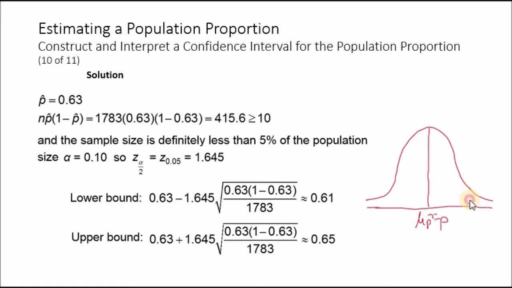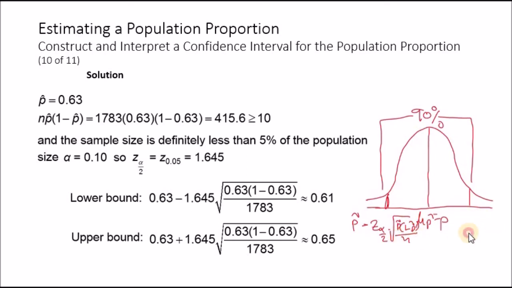And I want an interval that is 90%. So I want to be 90% confident. My interval has to be 90%. Now I would like to find the lower bound and the upper bound of my interval. The lower bound is basically p hat minus z sub alpha divided by 2 times the square root of p hat times 1 minus p hat divided by the sample size.